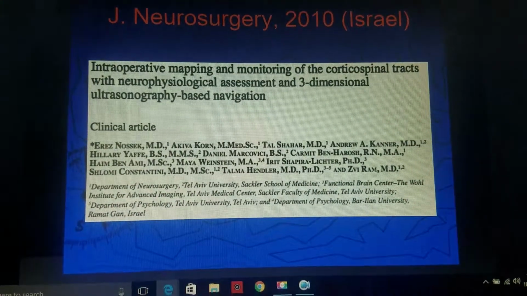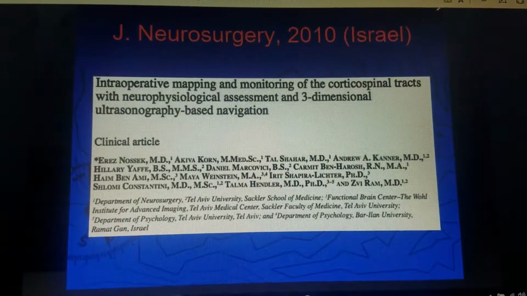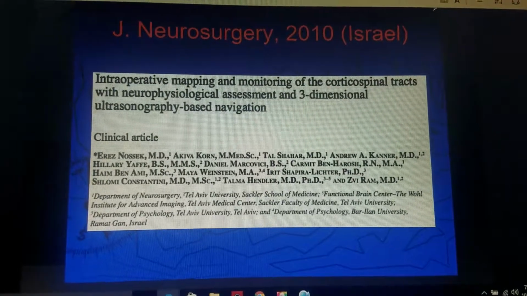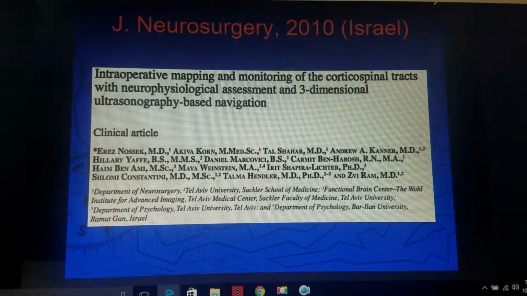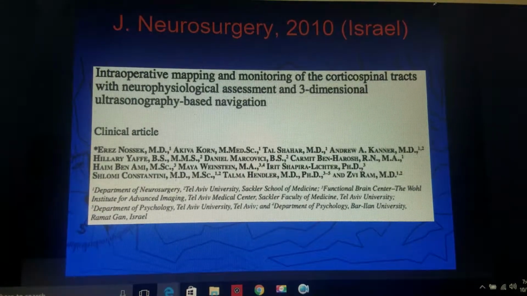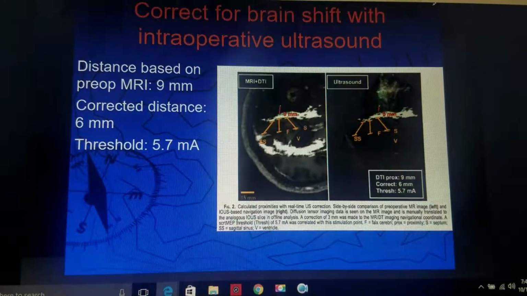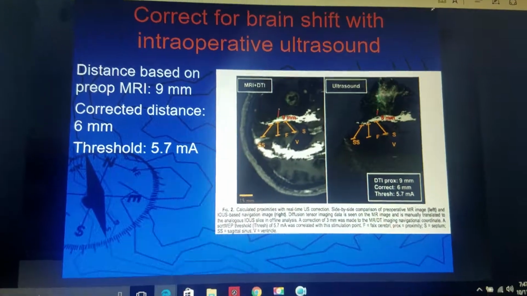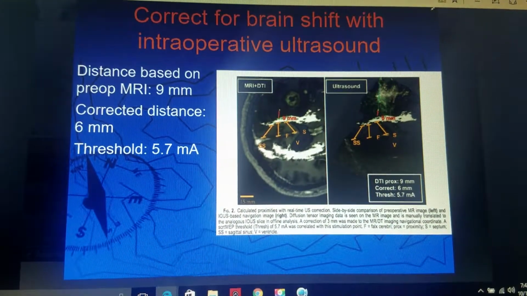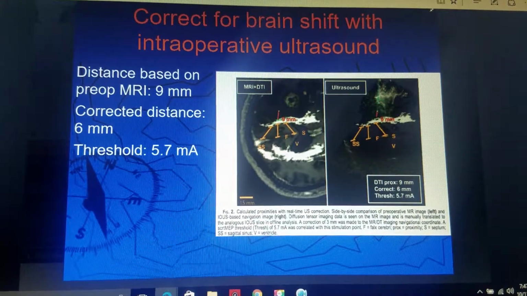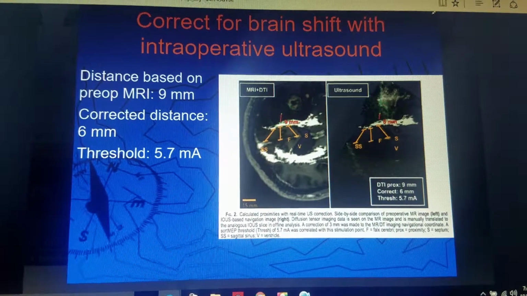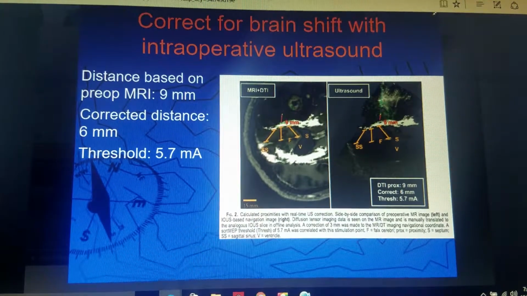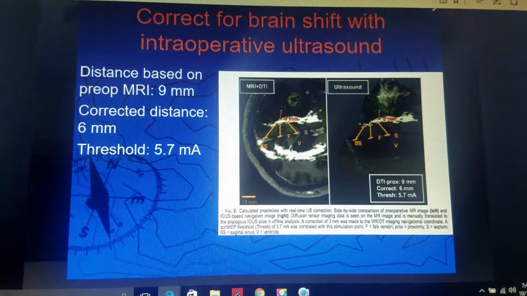I'm going to skip this slide in the interest of time. And move to another country, Israel. They used intraoperative ultrasound rather than postoperative MRIs to measure the distance. So you're seeing an MRI and DTI, looking at a distance from, in this case, the falx to the corticospinal tract, originally 9 millimeters.